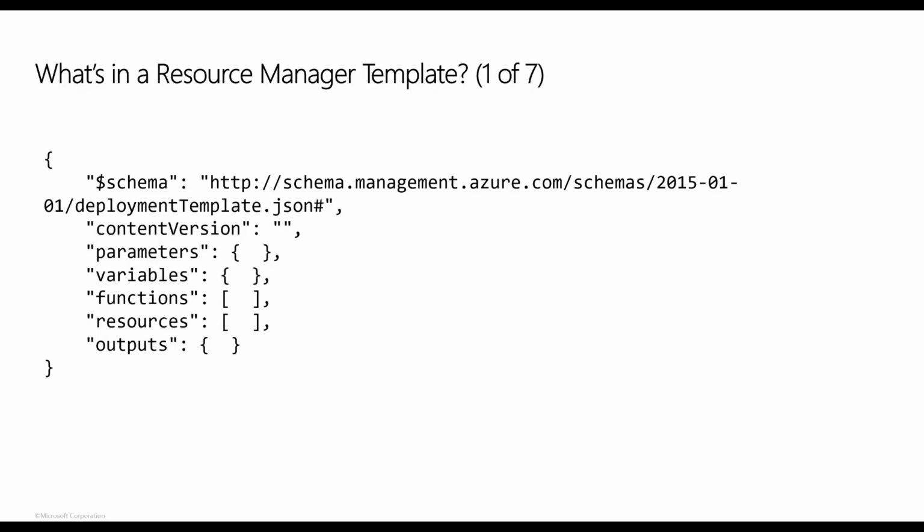So a resource manager template can contain the following sections. These sections are expressed using JSON notation, but are not related to the JSON language itself. If you take any ARM template, you will see schema, content version, parameters, variables, functions, resources, and output. We will see what each of these are.